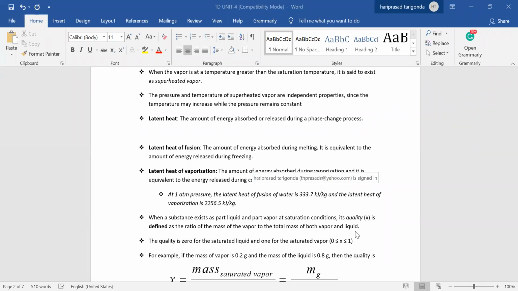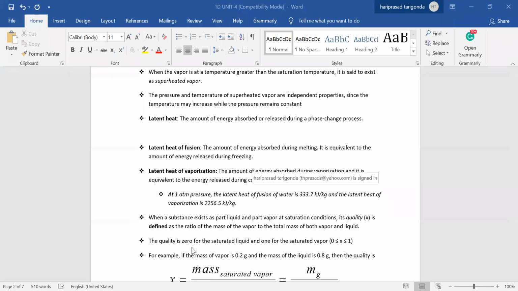Dryness fraction is defined as follows: when a substance exists as part liquid and part vapor at saturation conditions, its quality X is defined as the ratio of mass of vapor to the mass of both vapor and liquid. It is termed as dryness fraction.